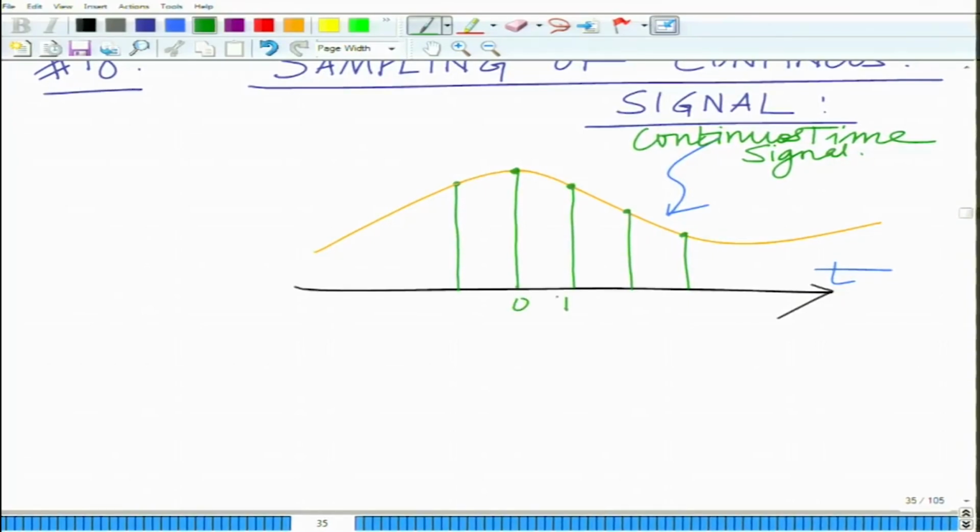So, let us say this is 0, this is Ts, this is 2 Ts, 3 Ts, minus Ts, and so on. So, these are the discrete time instants. Okay.